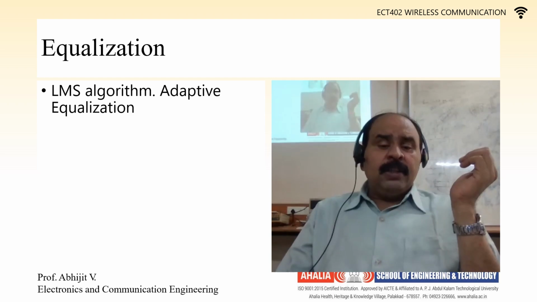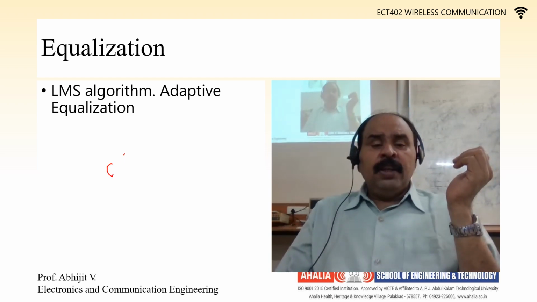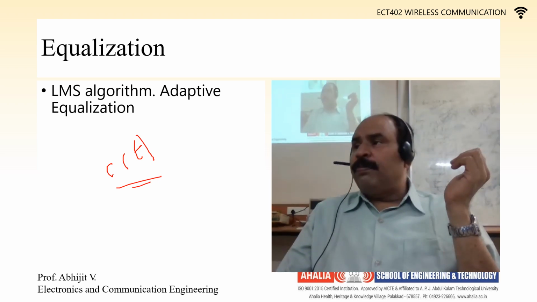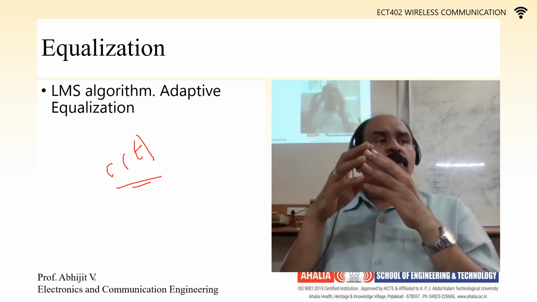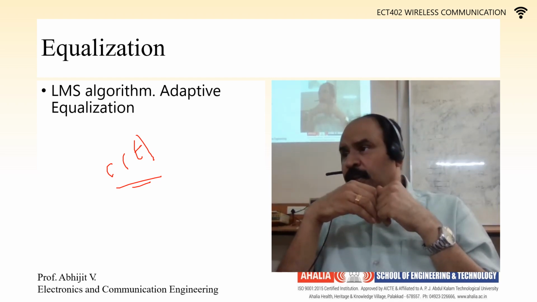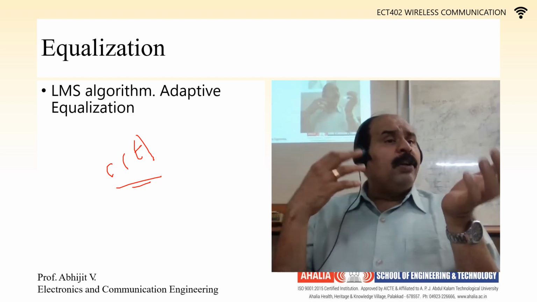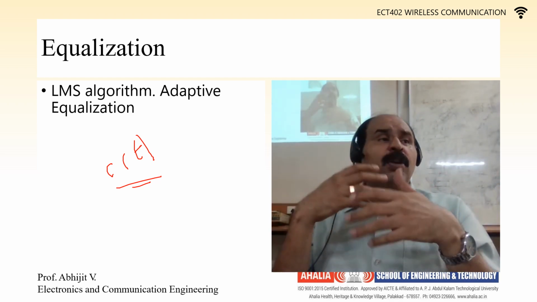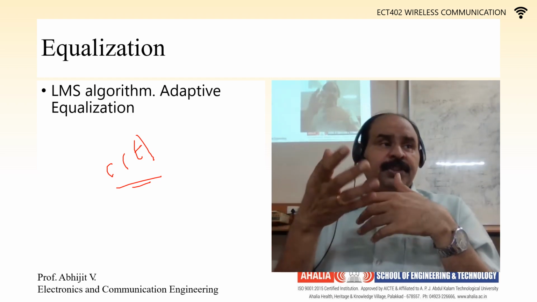We have given that C of t, right? In the previous session, C of t, the response of the channel. So the response of C of t is highly volatile and keeps changing with time. An adaptive equalizer is something that is capable of adapting to these changes.